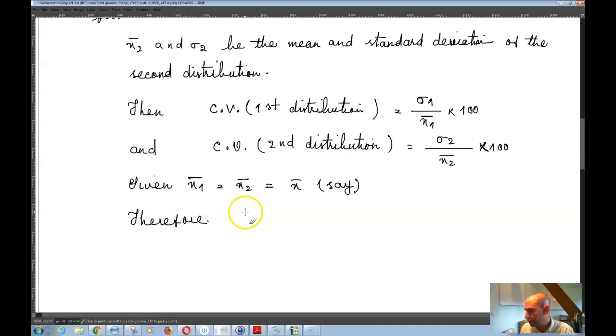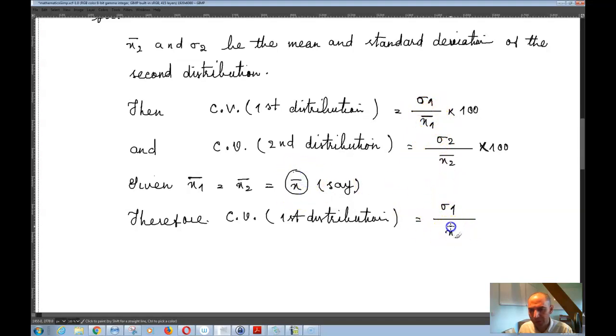Therefore the coefficient of variance of the first distribution is equal to sigma 1 over x bar times 100.